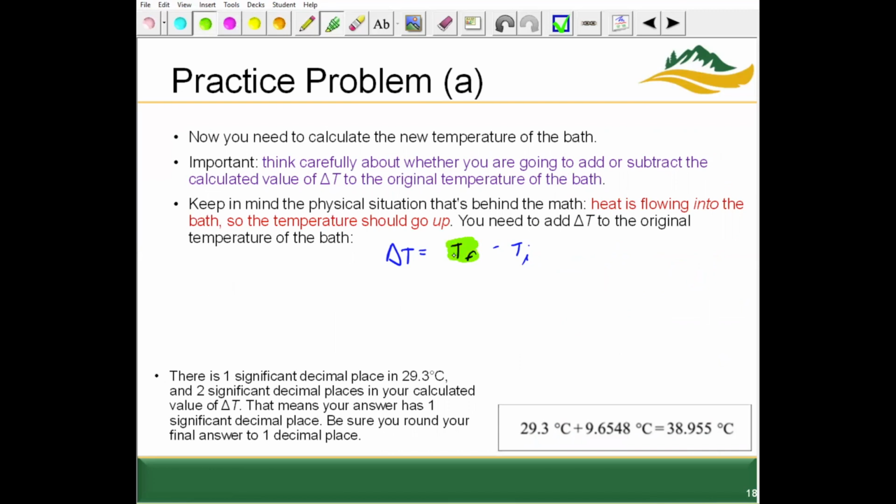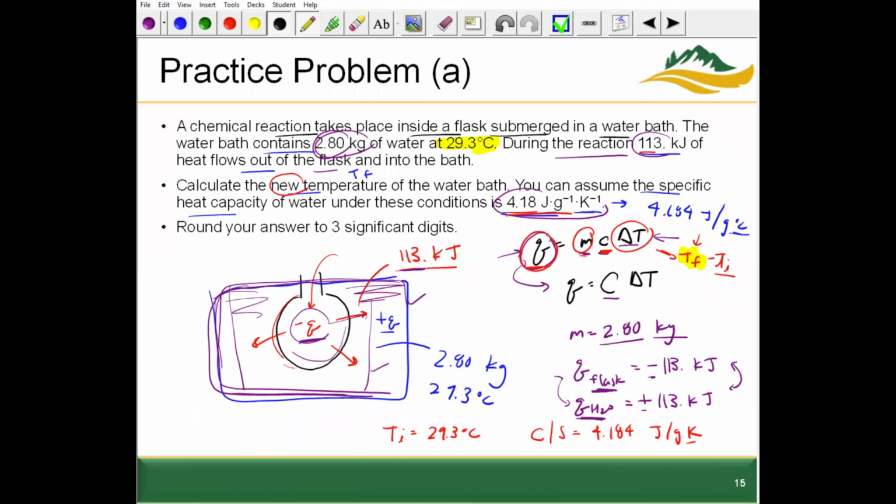So we're going to solve for T final. Delta T is always T final minus T initial. We just found the delta T on the last slide to be 9.6548 with some additional numbers. We can keep those sig figs for now. Degrees C, we want to change that into because our initial temperature was given in degrees C. This is also the same as 9.6548 Kelvin because it's that delta T, but again, we can state this as degrees Celsius instead because our initial temperature was given as 29.3 degrees Celsius.